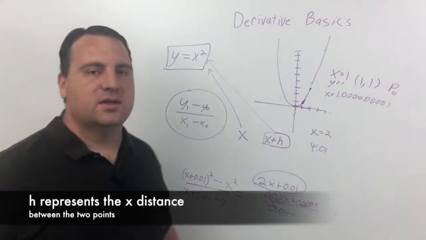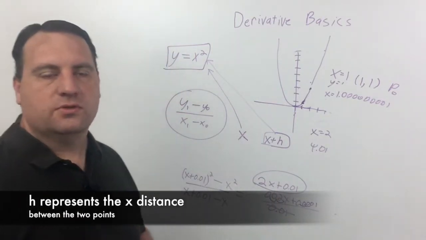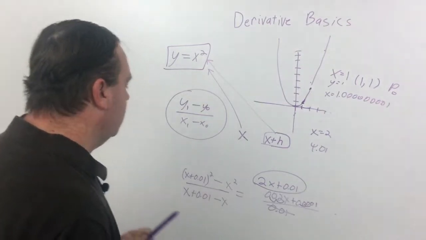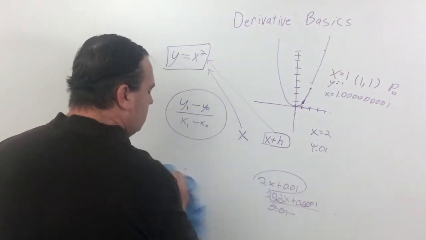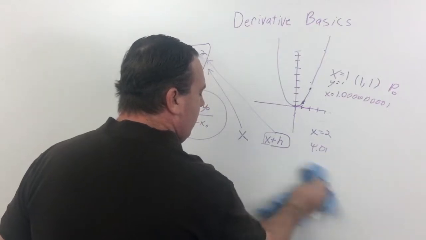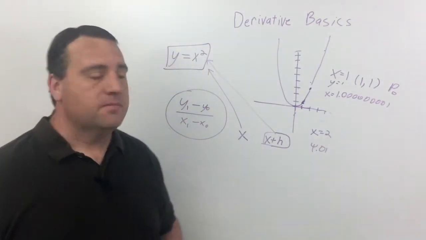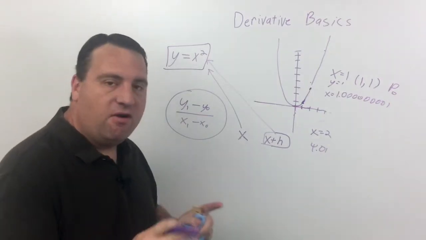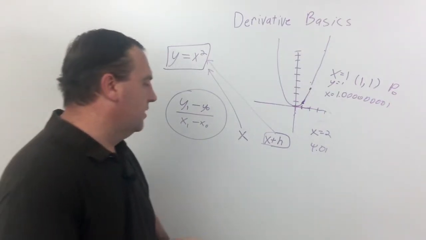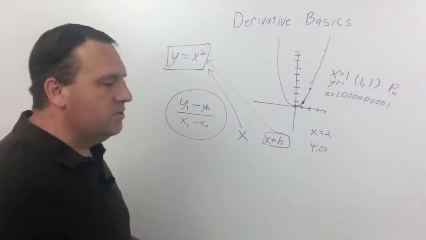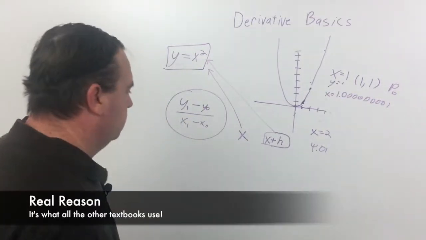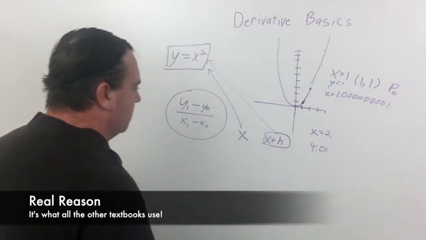And then later we can decide how close we want those points to be. Okay, so we'll say x is our starting value, and x plus whatever h is, which we can decide later, is going to be how far apart the points are. So you might say, why do we use h? Why not? It's a letter that's available.